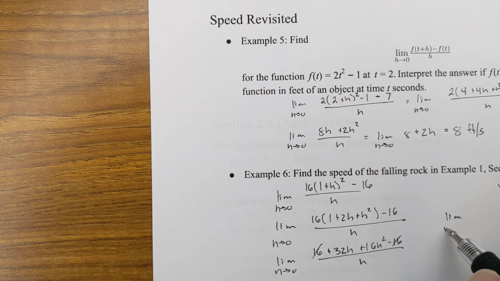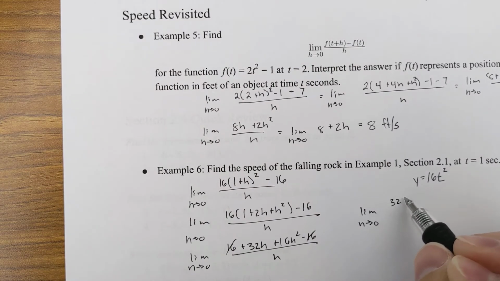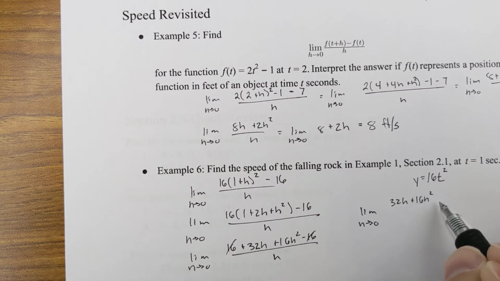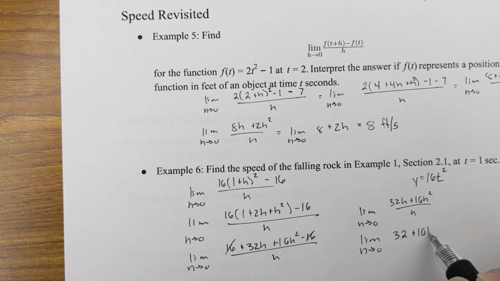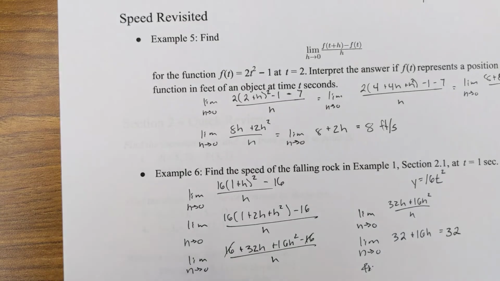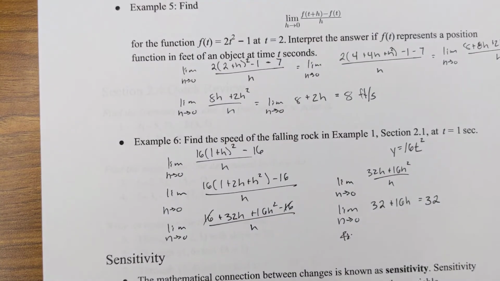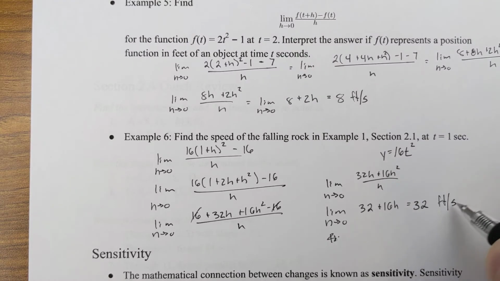So I have the limit as h goes to 0 of 32h plus 16h squared all over h, which cancel your h's, 32 plus 16h. H goes to 0, so this all just comes out to be 32. So 1 second in, that rock is going 32 feet per second.